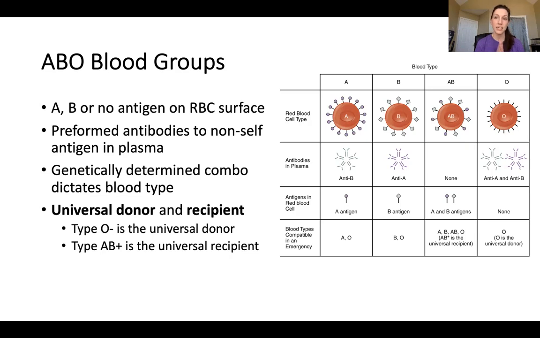You're going to make antibodies against the other kind of antigen that you don't have. So you're going to make antibodies against the B antigen. Your body will make antibodies to fight against the B antigen. So you have anti-B antibodies in your blood if you are type A.